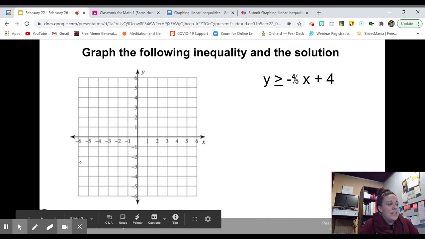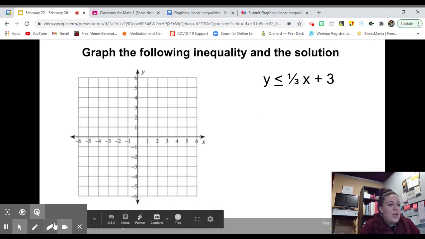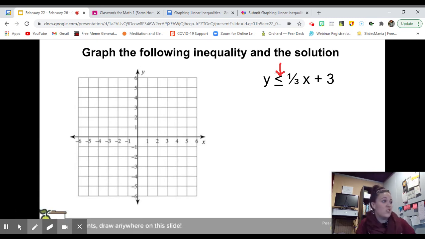Okay, so let's do this one, 1/3 x plus 3. So something that I notice is I have the or equal to, so my line can be solid. Remember, if it's not an or equal to, meaning it's just less than or greater than, my line has to be dashed. Okay, so I'm able to choose a solid line here.